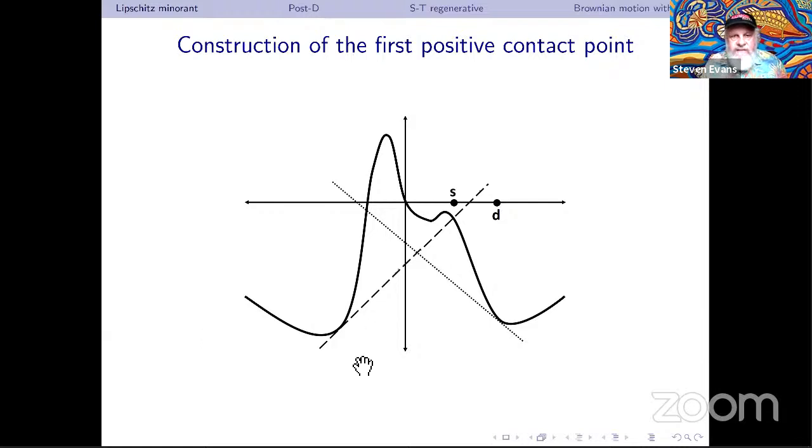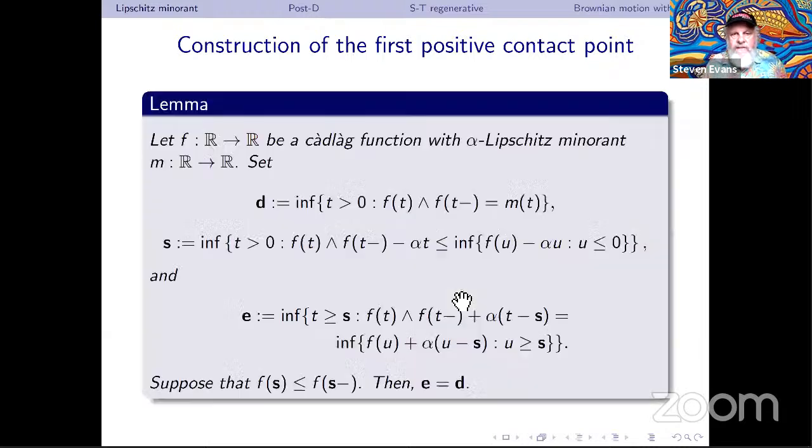Okay, so we lift it up until it hits this point here, right? Which we're assuming that the rest of the graph of f is somewhere out here above this line here. So basically this infimum is achieved here.